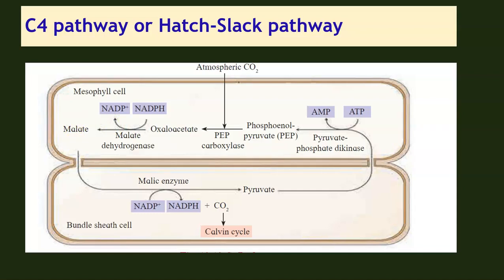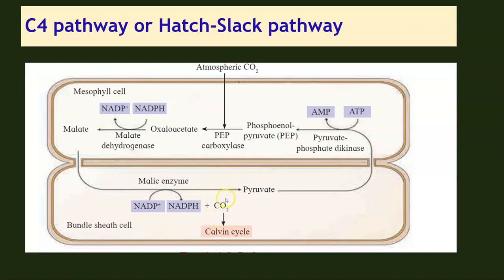Now this malic acid is transported to the chloroplast of your bundle sheath cells. Here, this malic acid, which is 4-carbon, is quickly converted into pyruvate, or pyruvic acid, which is a 3-carbon compound, and in the bargain the carbon dioxide is released.